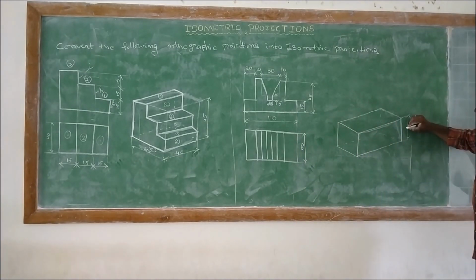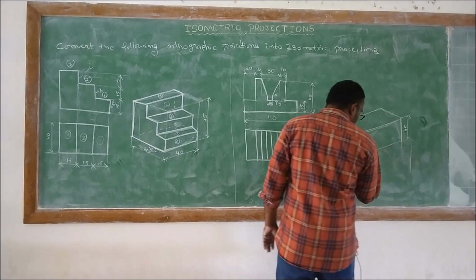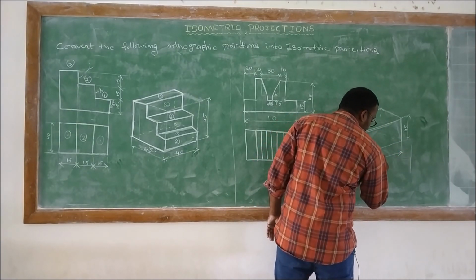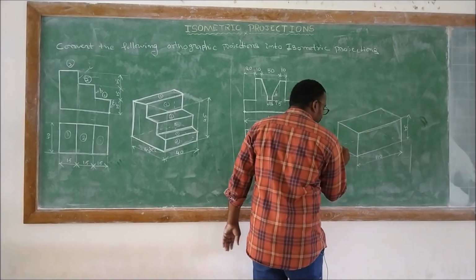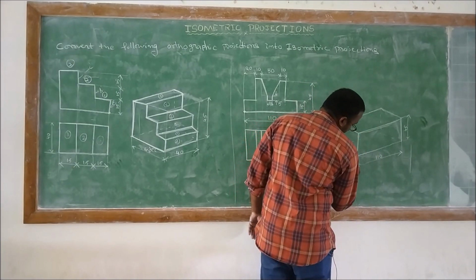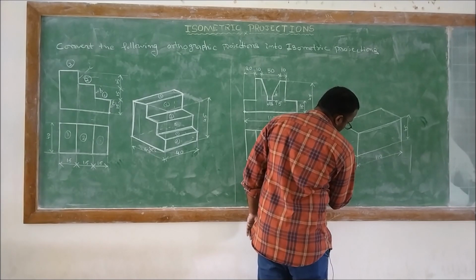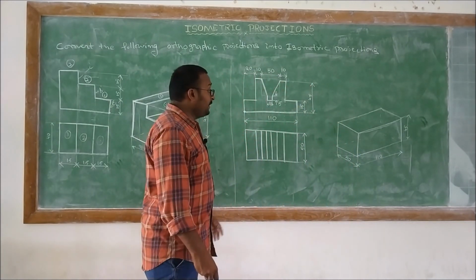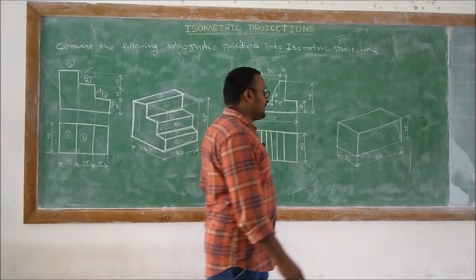So about 45 mm. Here to here it is 110 mm. 50 mm. Then we need to draw the front view as it is.